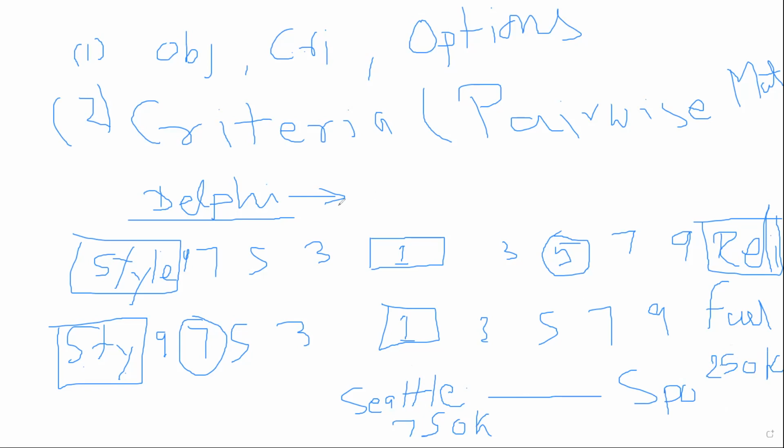So the second step to make the pairwise, I'm going to explain this. So let's make a pairwise matrix. This is the third step.